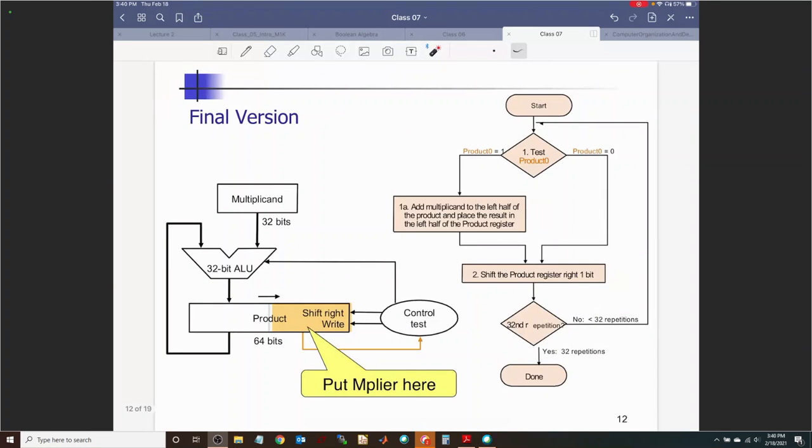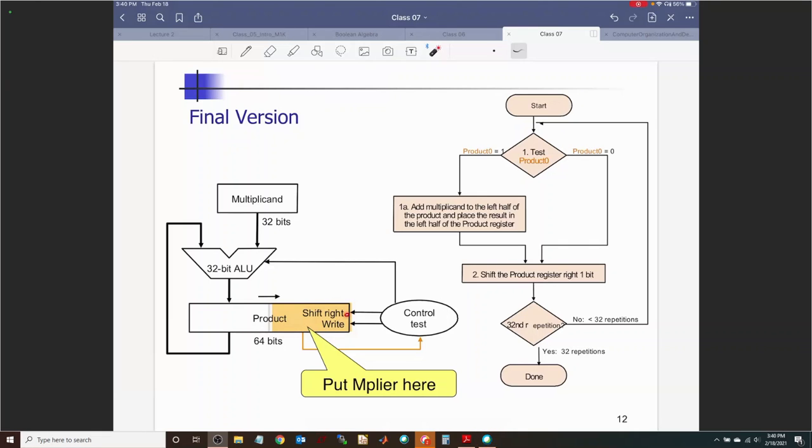So that is your final version of the multiplier shown over here. Now, instead of looking at the least significant bit of the multiplier, you are actually looking at the least significant bit of the product. Well, the least significant bit of the product is your multiplier, because the least 32 bits of the product register have been initialized with the 32-bit multiplier.